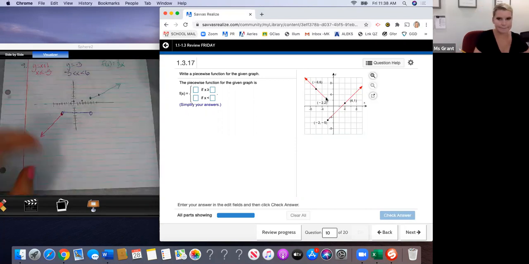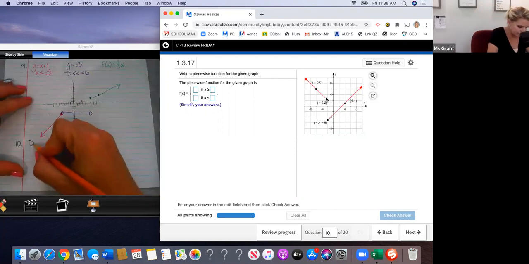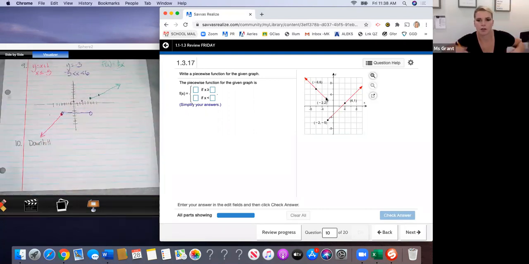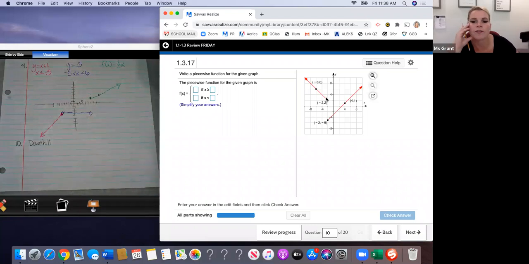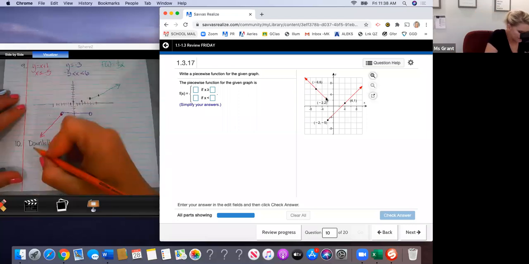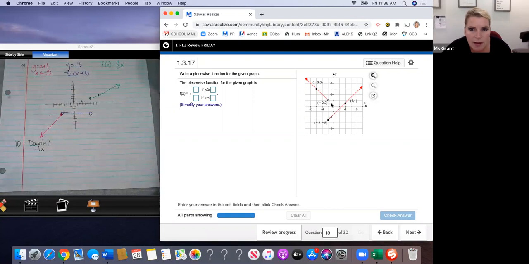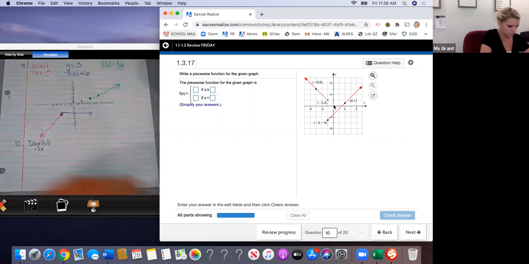Let's do my downhill line first. My downhill line first has a slope of negative 2 over 2, negative 1, negative 1x. What's my y-intercept going to end up being? Continuing on, it would be at 0.